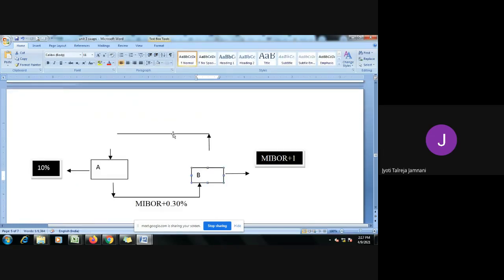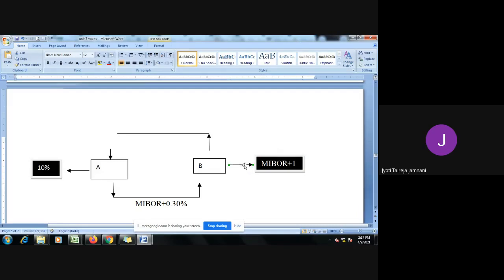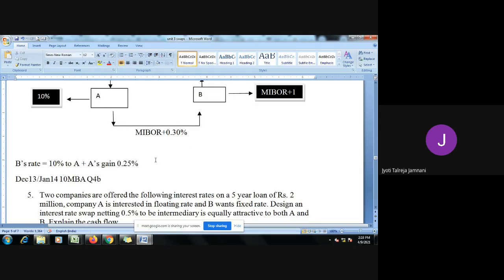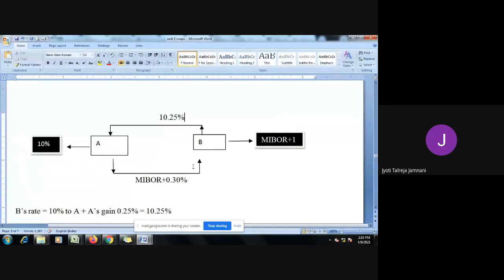This is the problem with online. So we will transfer, as we said, 10% plus 0.25, that is 10.25, to A. 10.25%. Okay, now we'll find both the companies' gains.